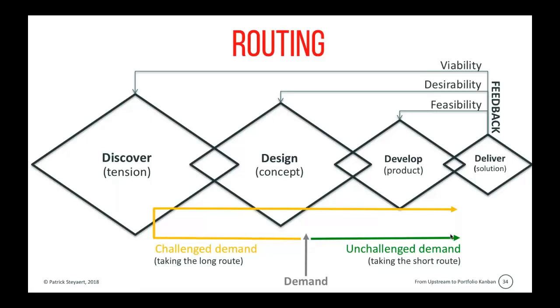Or if, as a team, we think that the demand may become a problem, has a certain risk in it, that means that we might need to challenge the demands before we actually start executing.